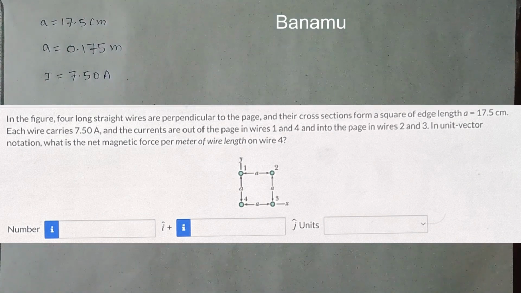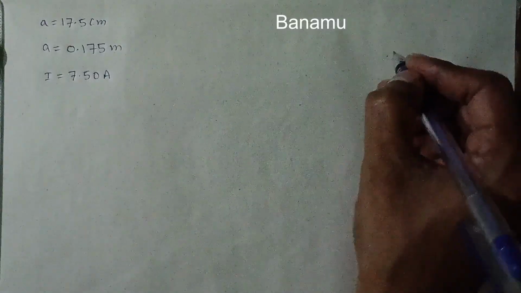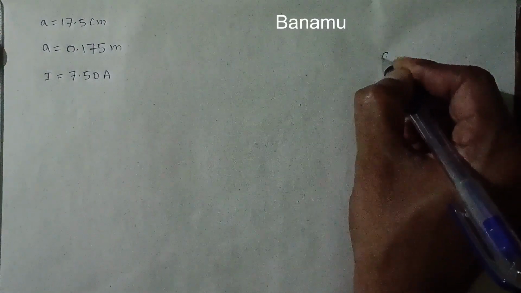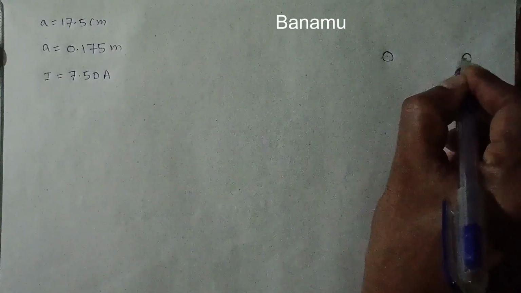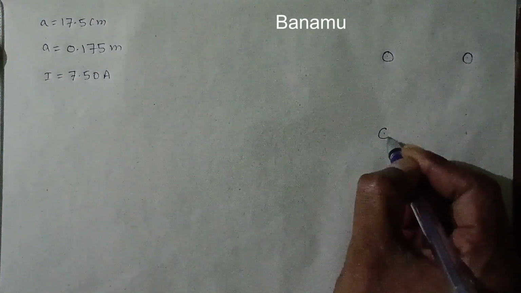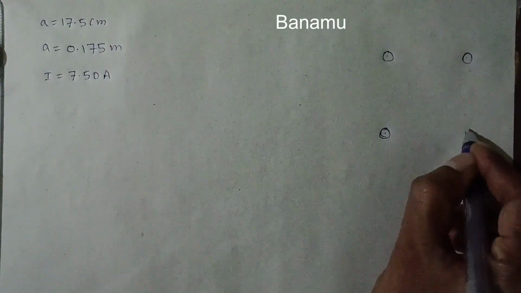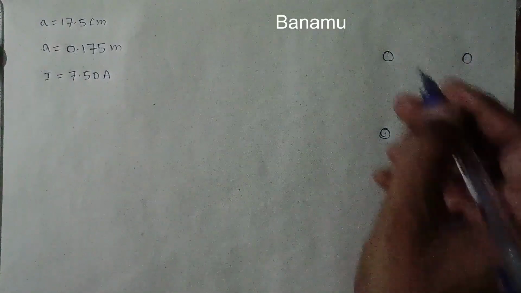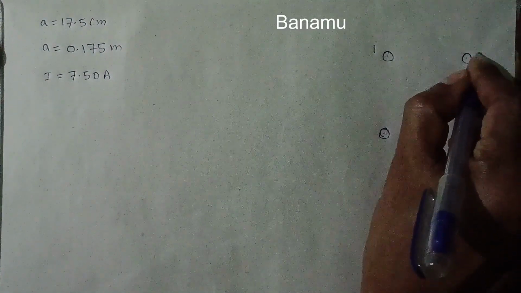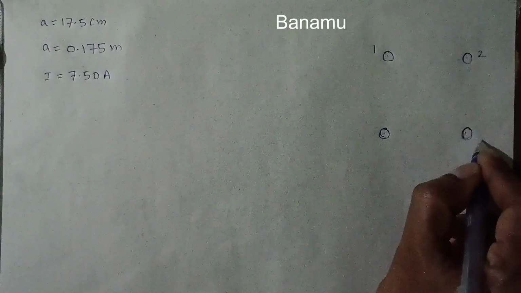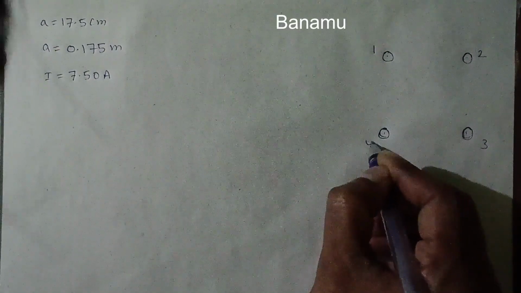Draw the figure. Consider the square. This is a square and the current carried by each wire is I. This is wire 1, this is wire 2, this is wire 3, and this is wire 4.